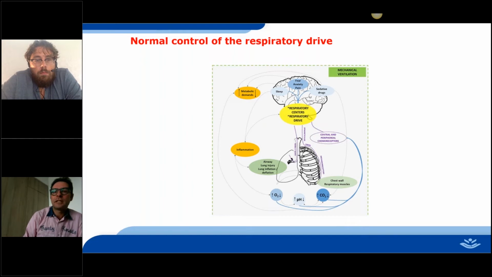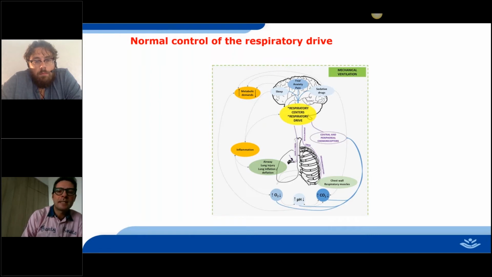in a patient, the neural control of the respiratory drive is mainly due to PaCO2 and PaO2 in the blood, so chemoreceptors. In patients with ARDS, there is an important contribution not only of chemoreceptors, but also of mechanoreceptors in the lungs, because the mechanoreceptors are able to feel if the lung is injured, if the lung is inflamed, if the lung is heavier.